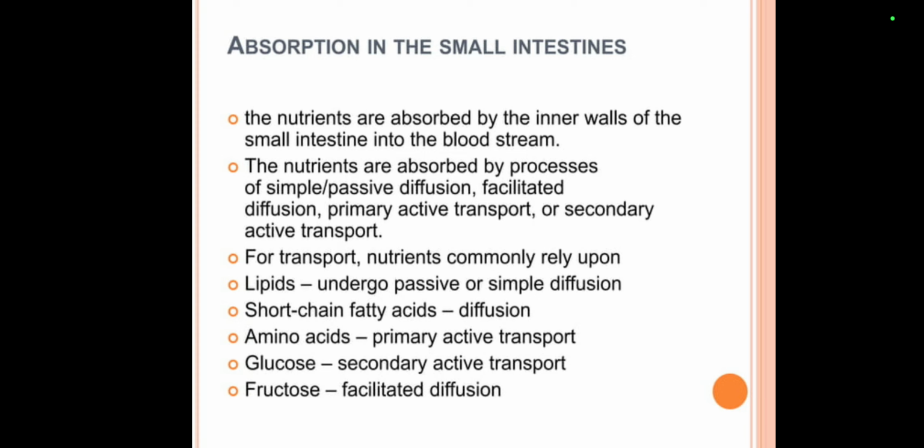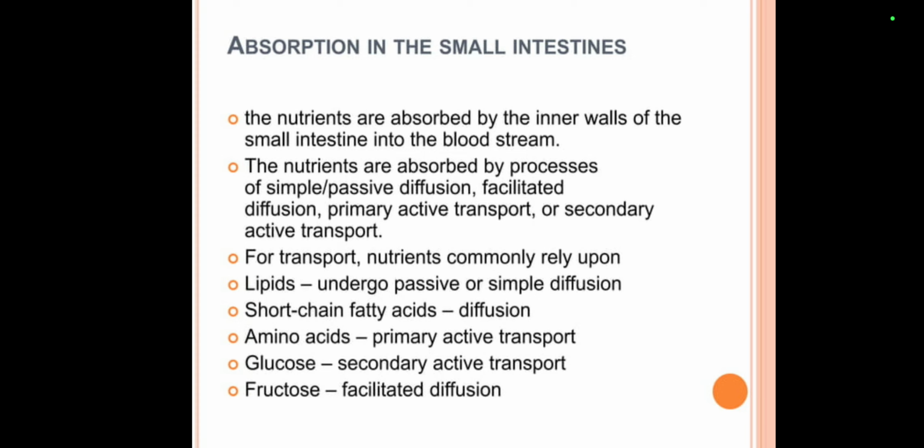Now let's move forward with diffusion. Diffusion is literally a net movement of anything, for example an atom, an ion, a molecule, a particle, or energy. If you're explaining the movement of each particle, that is diffusion. We also have primary active transport and secondary active transport.